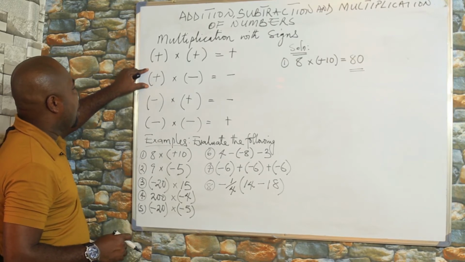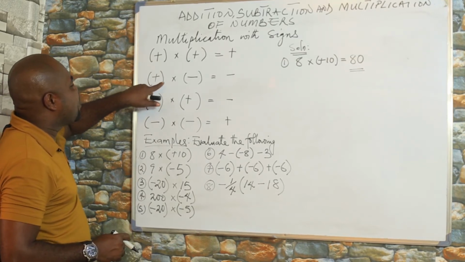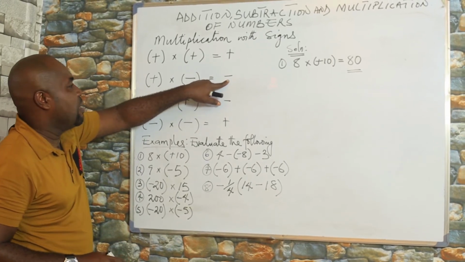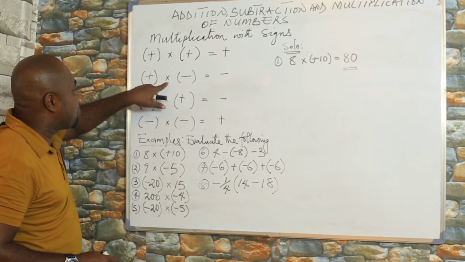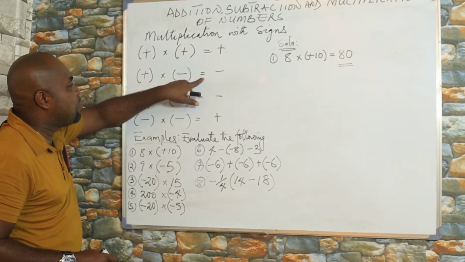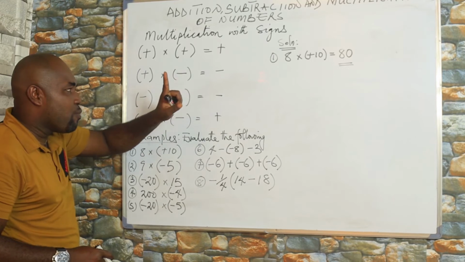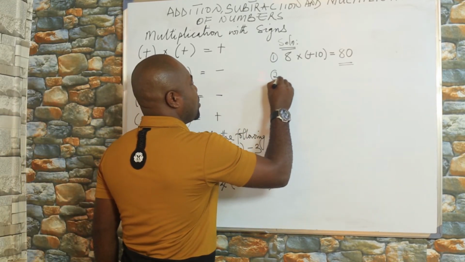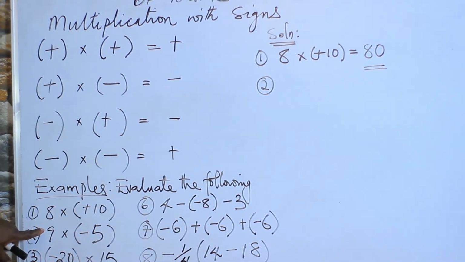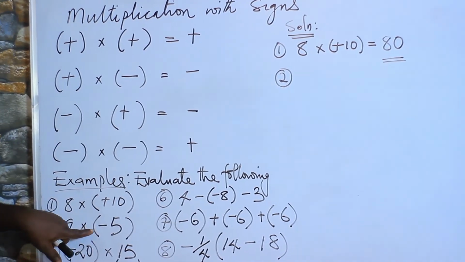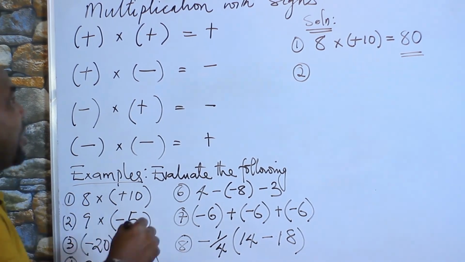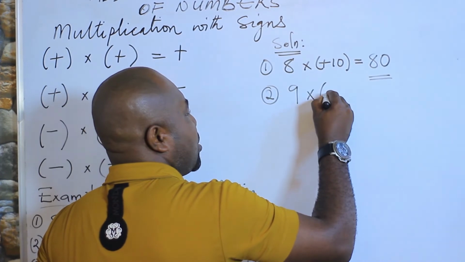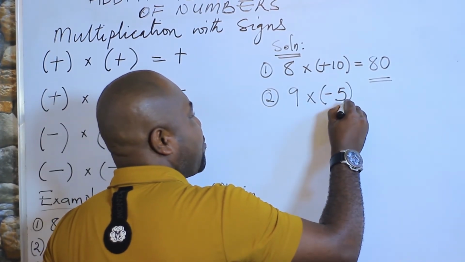Now let us take the second rule here. When a positive number is multiplying a negative number, the answer will be in the negative. When a positive number is multiplying a negative number, the answer will be in the what? Negative. For example, let us take the second one here. Example number 2. This is positive 9 multiplied by negative 5. That is 9 times minus 5.